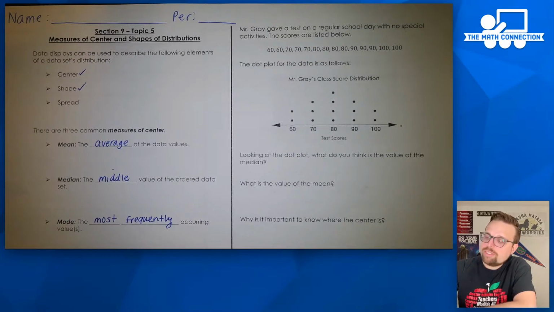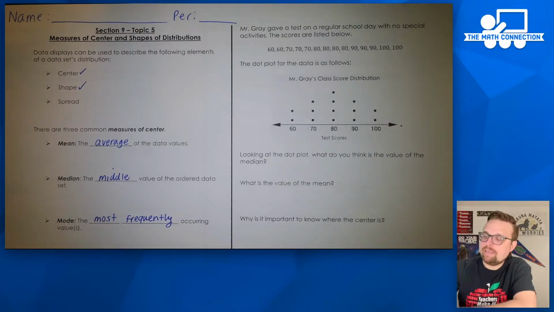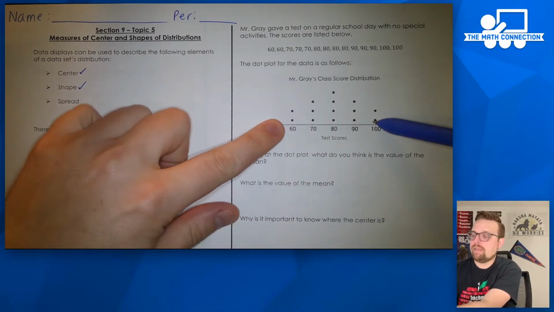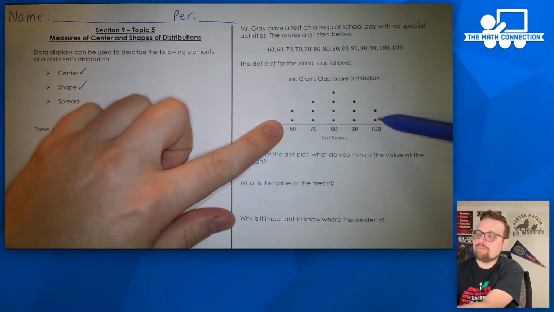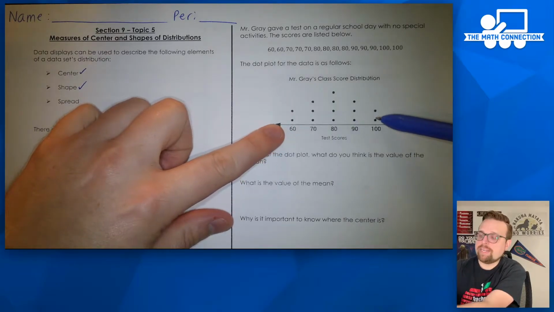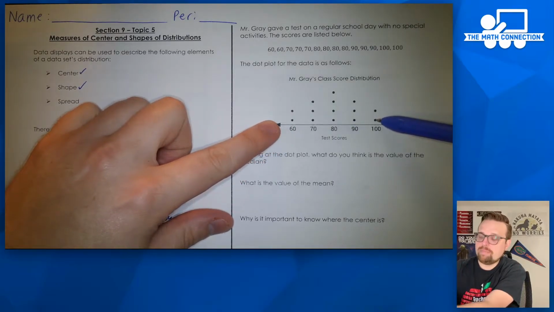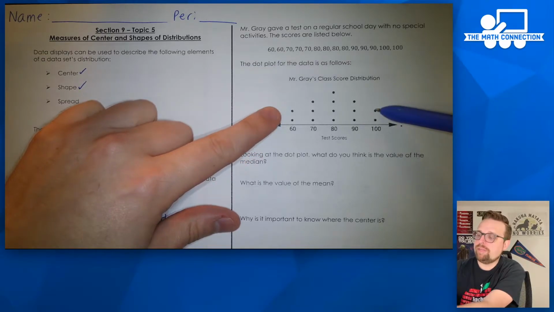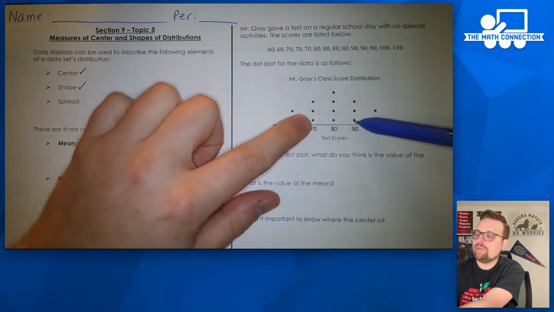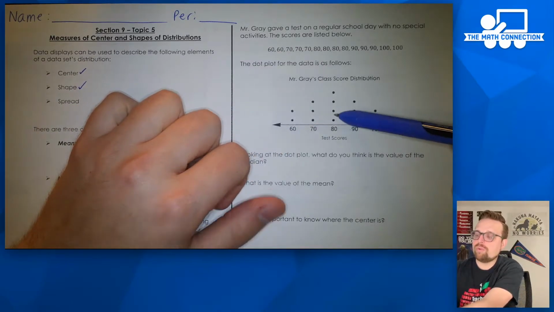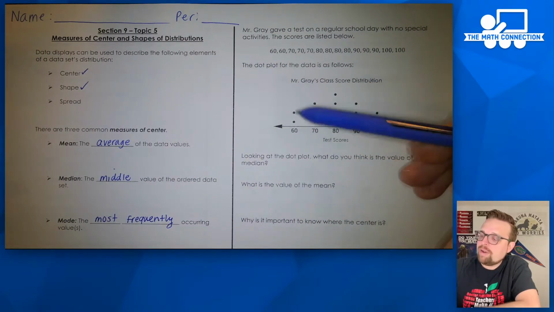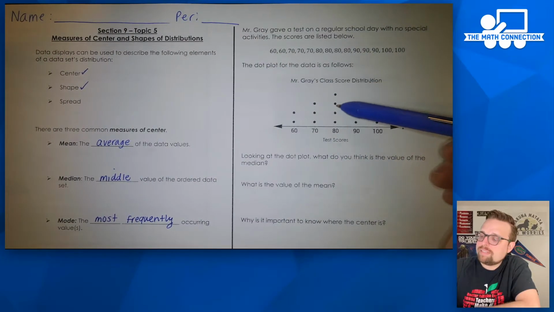So the first question is, looking at the dot plot, what do you think is the value of the median? Well, if we use the dot plot, we can basically count from the outside into the middle and find out where the median is for this data set. So we have 2 here, they cancel out. We have 3 here, they cancel out, and then we have 4 scores under 80. If I were to count from left to right, that would be 1, 2, 3, 4, 5, 6, 7.